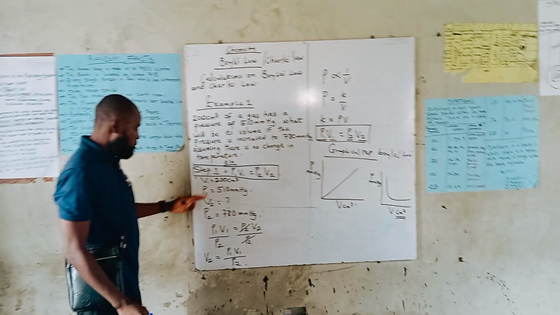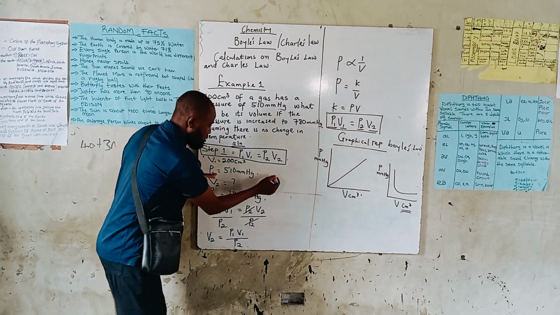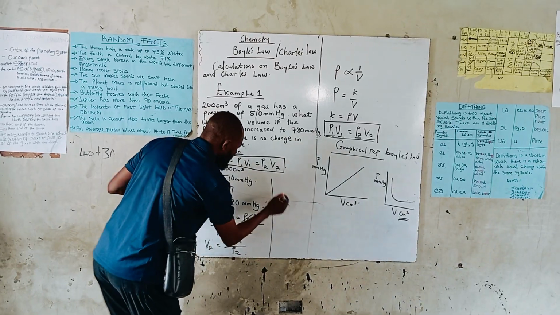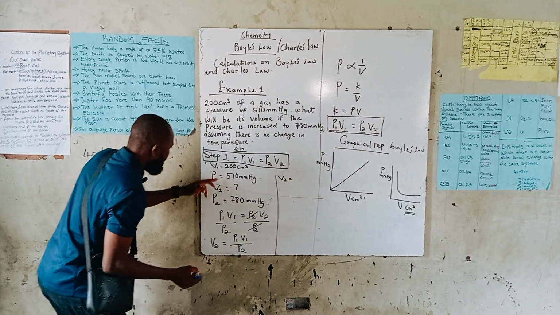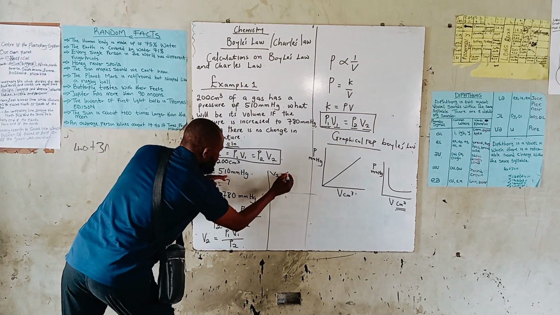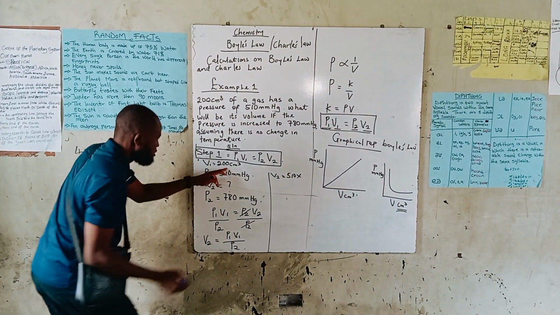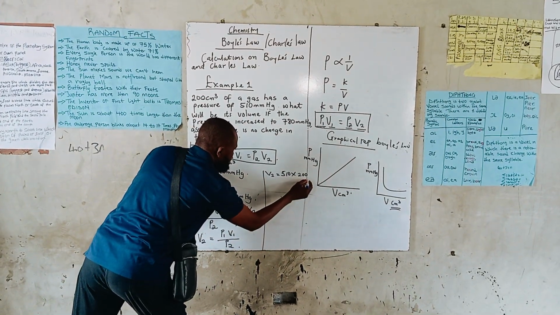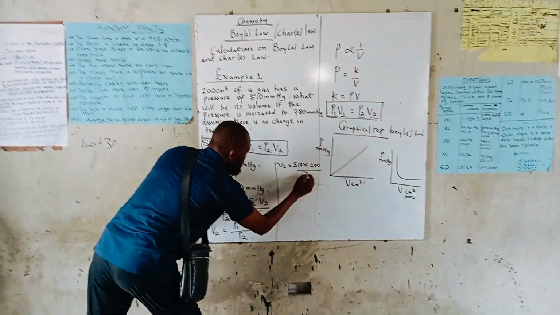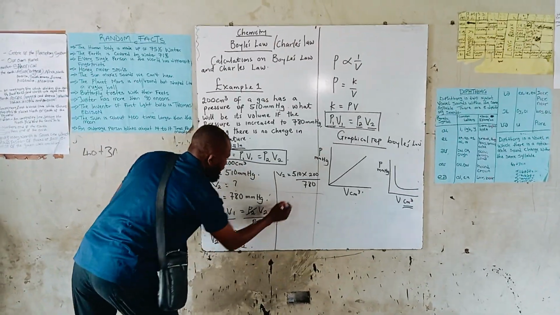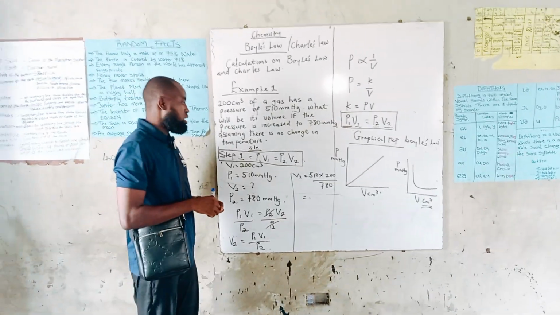Then you cannot be putting those numbers there one by one. Your P1 is what? 510. On my V1, I have 200. On my P2, I have 780. Then you carry your calculator and press your final answer.